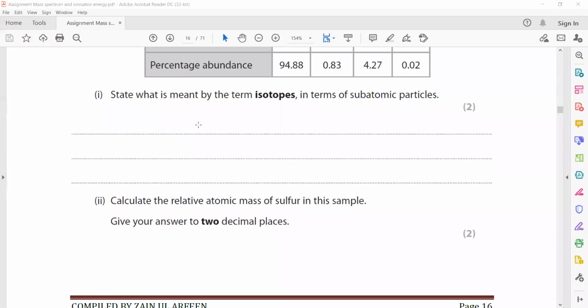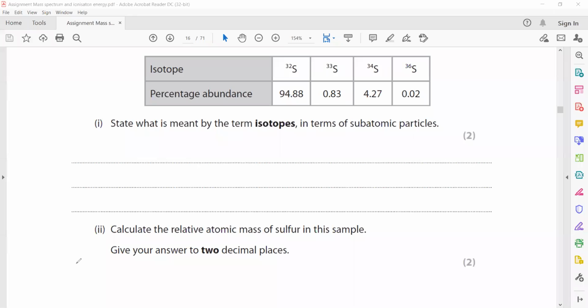Then we have to find the relative atomic mass of sulfur. So how to find the relative atomic mass of sulfur? That's percentage multiplied by mass. So 94.88 multiplied by mass 32, plus 33 multiplied by 0.83, plus 34 multiplied by 4.27, plus 36 multiplied by 0.02, and that divided by the total percentage, which is 94.88 plus 0.83 plus 4.27 plus 0.02.